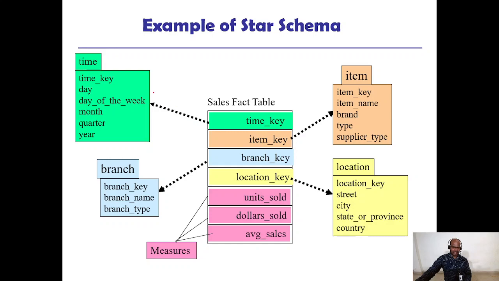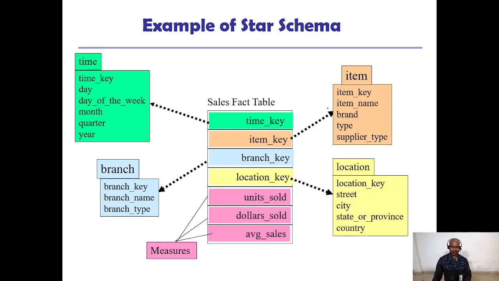Here time key is connected to time dimensional table, item key is connected to item dimensional table, branch key is connected to branch dimensional table, location is connected to location dimensional table. Like that, some items in the fact table may be connected to different dimensional tables. So this structure is nothing but a star schema.